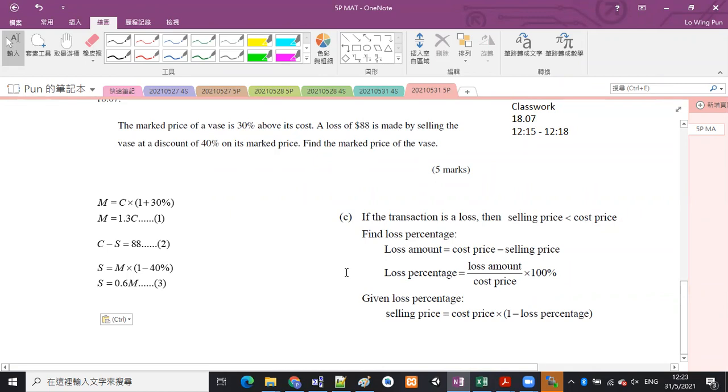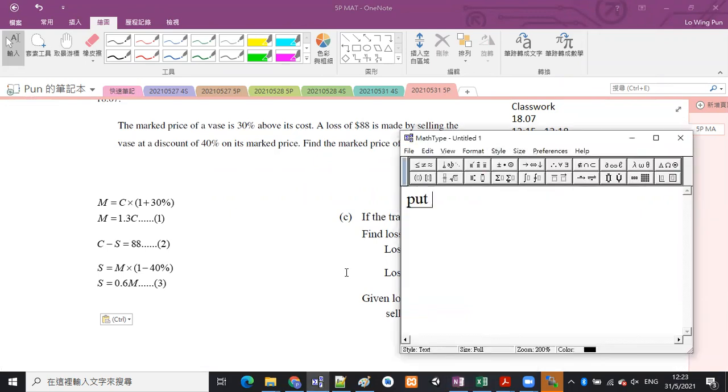So I just put equation 3 into equation 2, and I'll get C minus 0.6 M is equal to 88. And then I will make the C to be the subject. So C is equal to 88 plus 0.6 M, and call this equation 4.